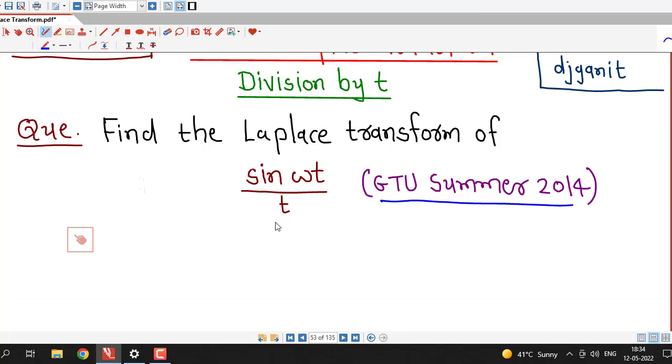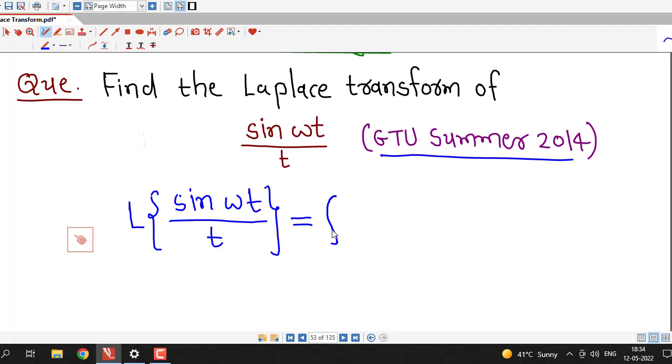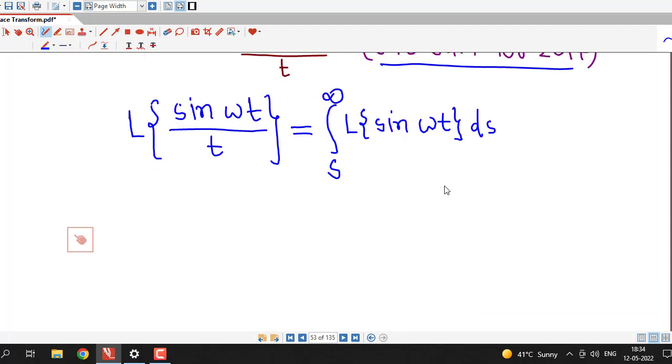Here the given function is sin omega t divided by t, where omega is a constant, and we are asked to find out the Laplace transform of this function. We know that this is given by an improper integral with limits from s to infinity, and we have to integrate the Laplace transform of sin omega t with respect to s.